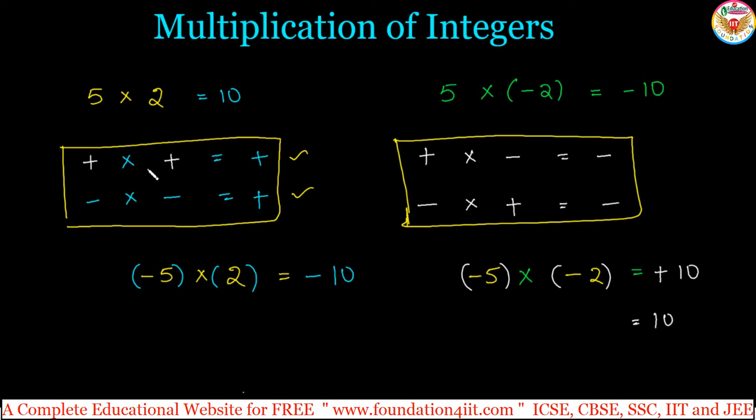Whenever two integers have the same sign, either both positive or both negative, the result is positive. Only when one is negative and the other positive is the result negative.